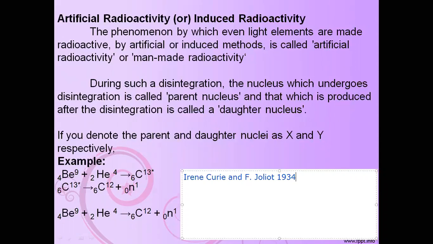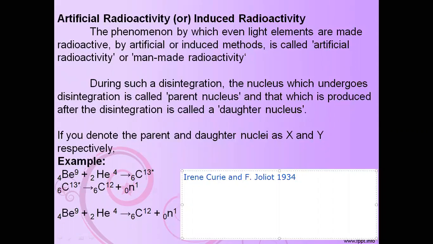During this process the elements are bombarded with radiation such as alpha particles, which are emitted during the natural radioactivity of uranium. In such a disintegration, the nucleus which undergoes disintegration is called the parent nucleus, and that which is produced after the disintegration is called the daughter nucleus.